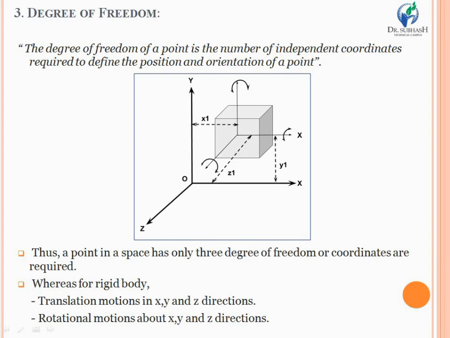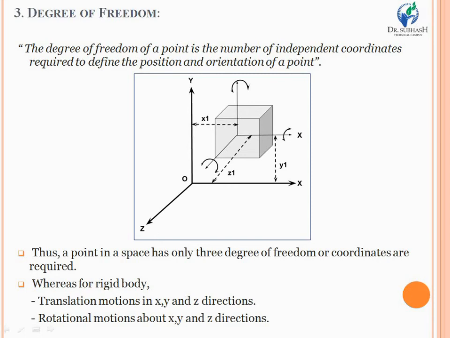But in case of a rigid body, in order to locate the position and orientation, the geometrical axes along with the rotational motion are also required to identify that point.